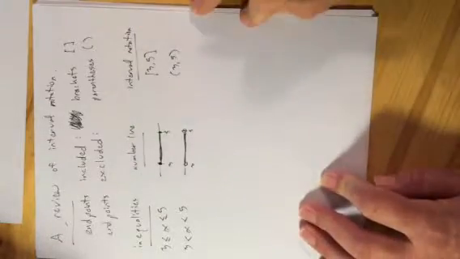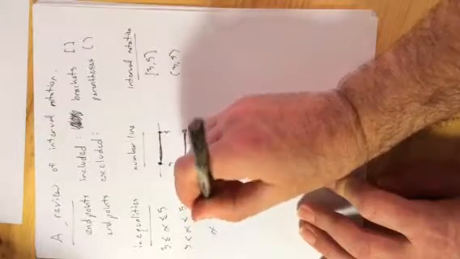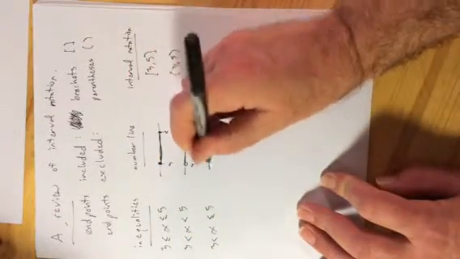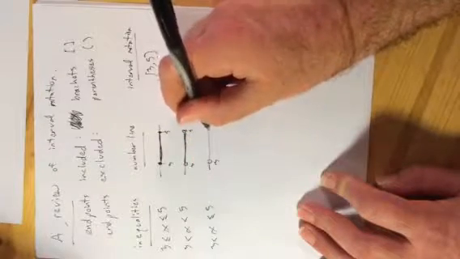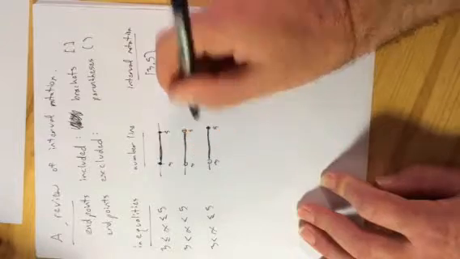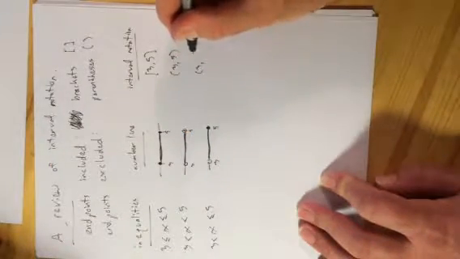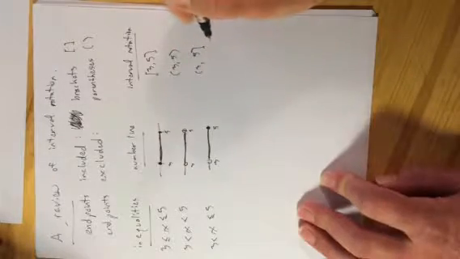Alright, of course we can have combinations of these things. You can have x less than or equal to 5 but strictly greater than 3, in which case you want a hollow circle at 3, filled in circle at 5. So what do you think that's going to look like in interval notation? You've got a parentheses on your 3 and you've got a bracket on your 5.